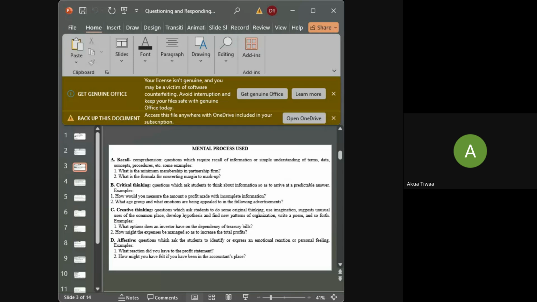So let's say the profit statement was low. What was your reaction when you saw that the profit was low? So you see that you'll be talking from your own feelings, how you feel, and you're going to respond to the issue of how you feel.